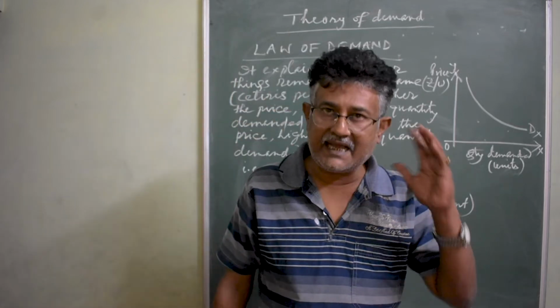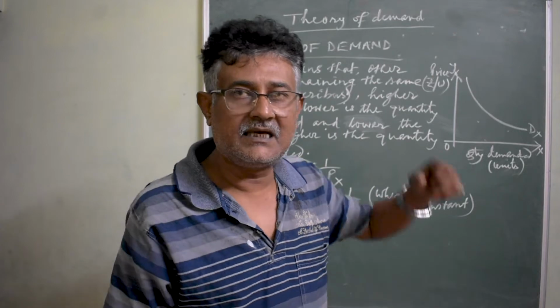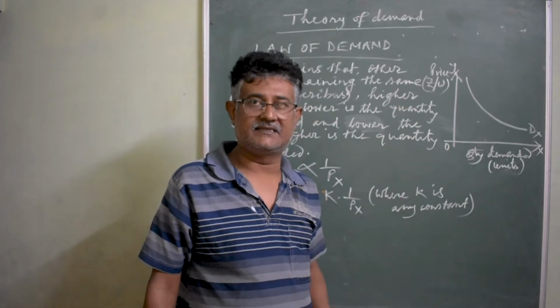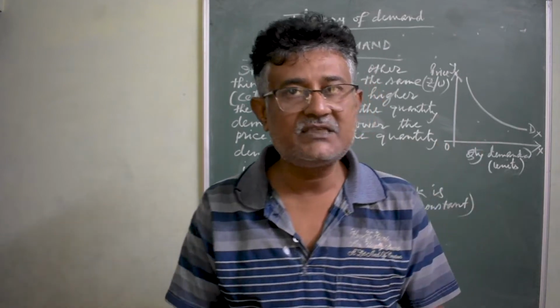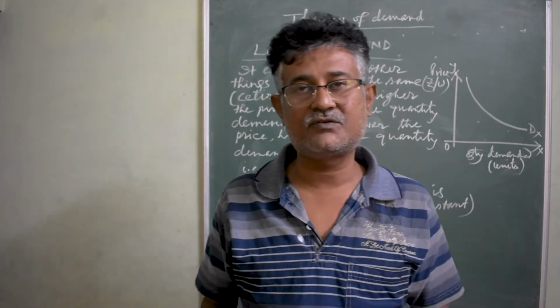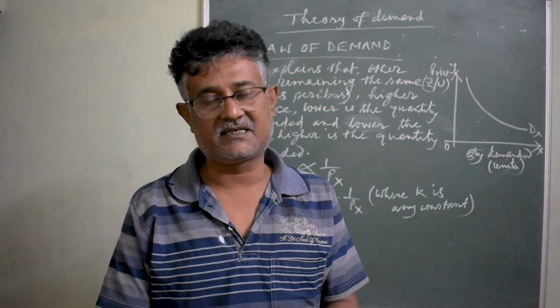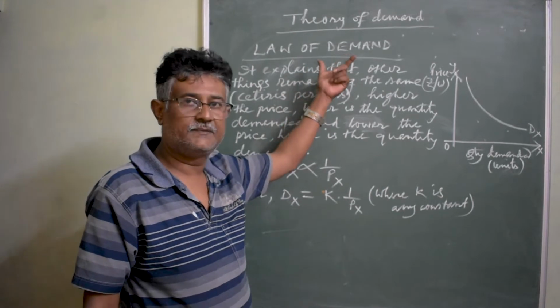I had discussed in my earlier class that the factors which determine the demand for a particular commodity are the price of the commodity, the prices of related goods, the income of the households, and various other factors. Now let us see what the law of demand is.